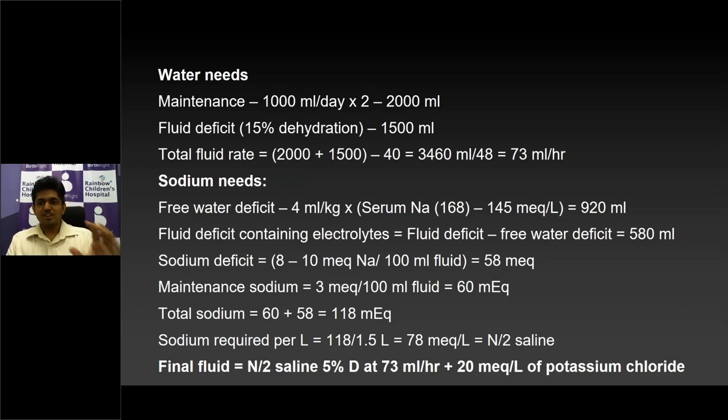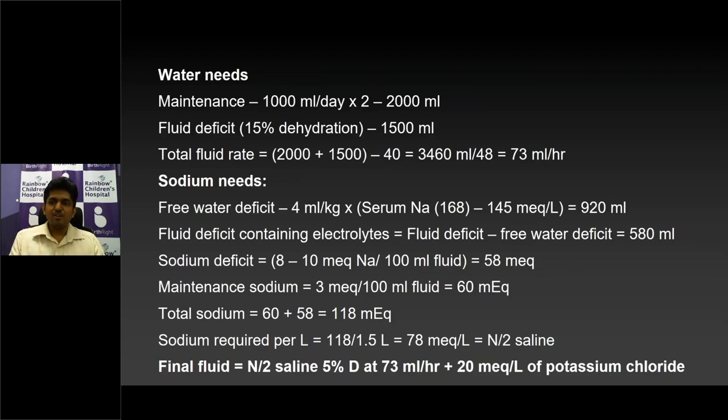So either you do it with a strict calculation or you grossly go with N by 2 saline, but you check the serum sodium values frequently. Thereby you titrate your free water deficit until the patient can take enterally. Once the patient can take enterally, it is always preferred to correct hypernatremic dehydration based on enteral fluids.